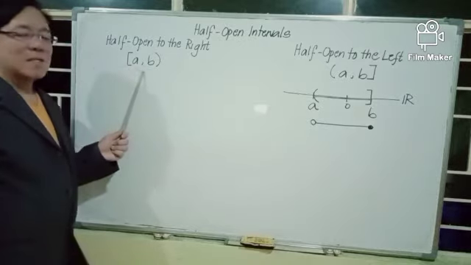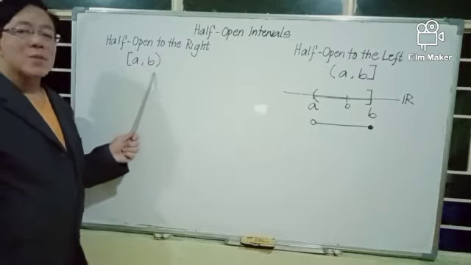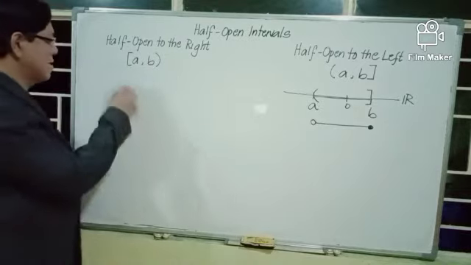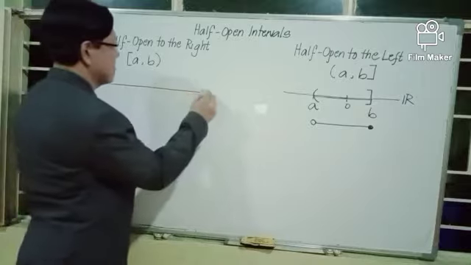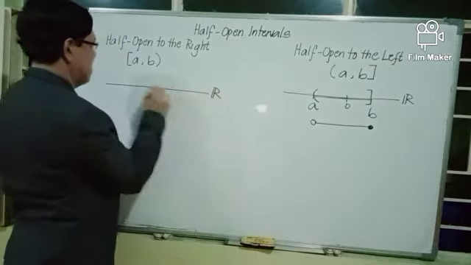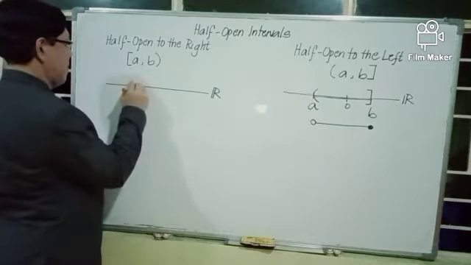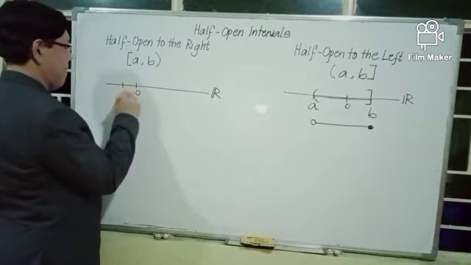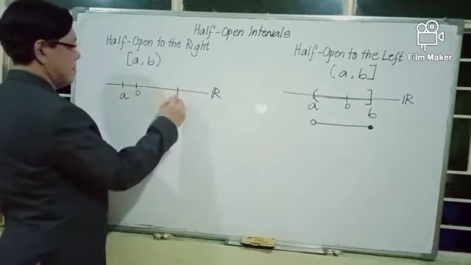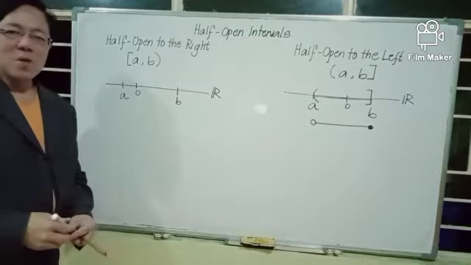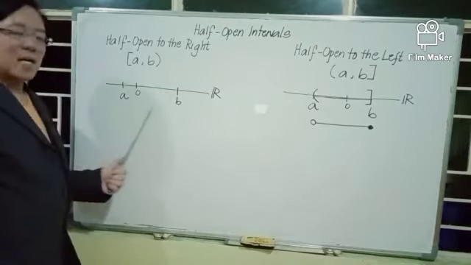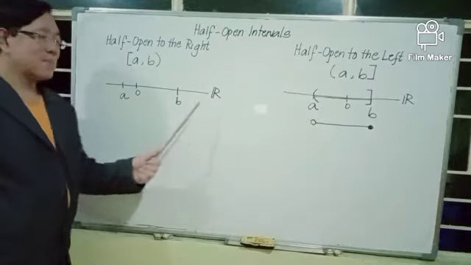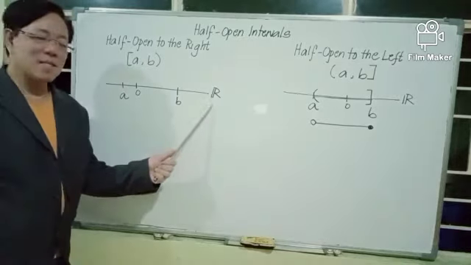We represent this half open to the right interval in a diagram. Suppose these are the real numbers A and B on the real line, denoted by R, the one-dimensional space.